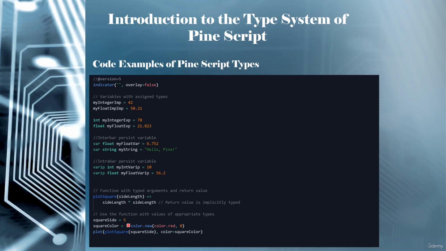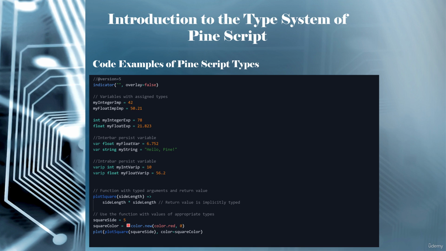Imagine the PineScript type system as a script matchmaker, deciding which values can team up with different functions and actions. While you can write basic scripts without diving into the details of types, knowing a bit about it can level up your PineScript game. So why do types matter?